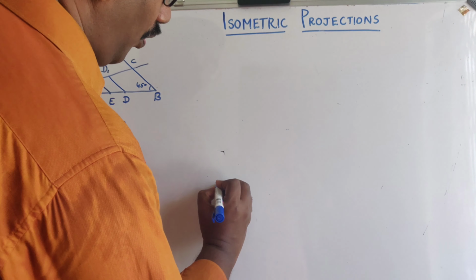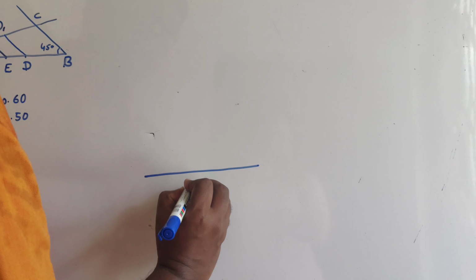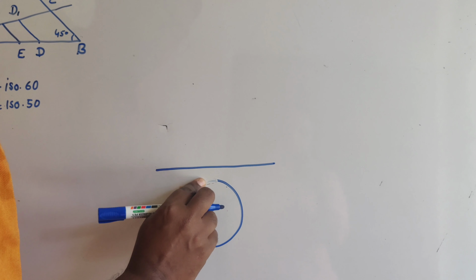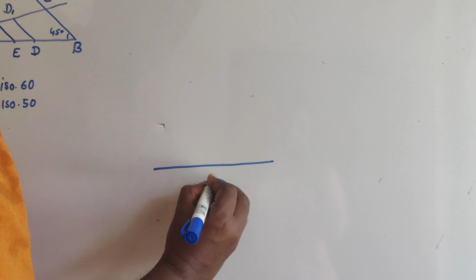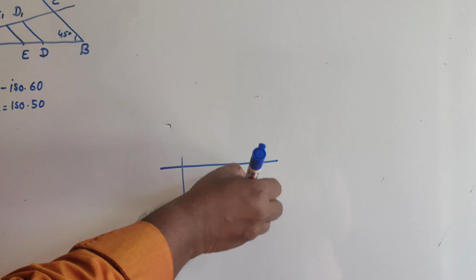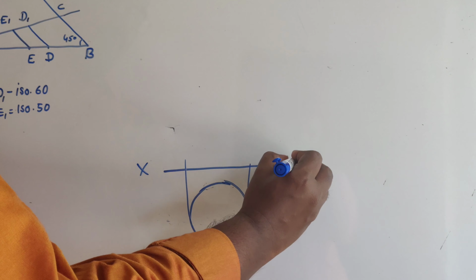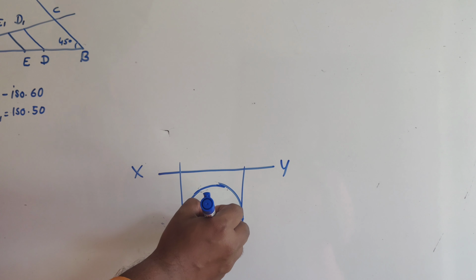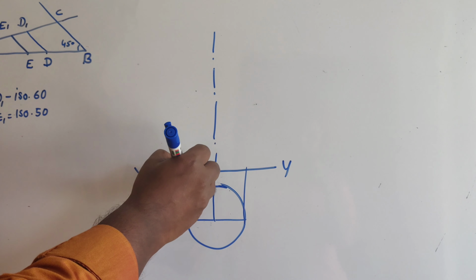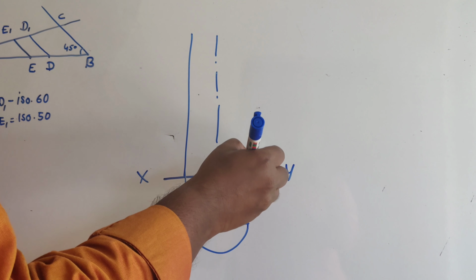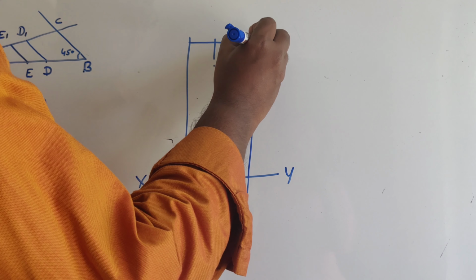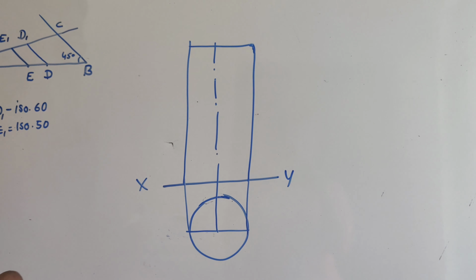As in the case of the cone, you have to draw the simple position of the cylinder. You know the dimensions. Using the dimensions, you can complete the cylinder.